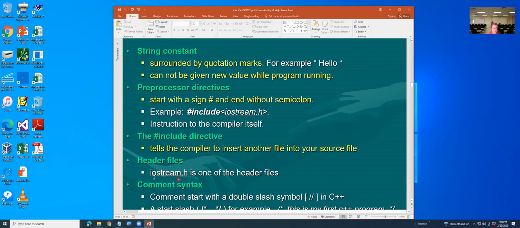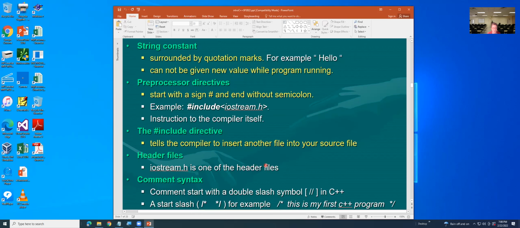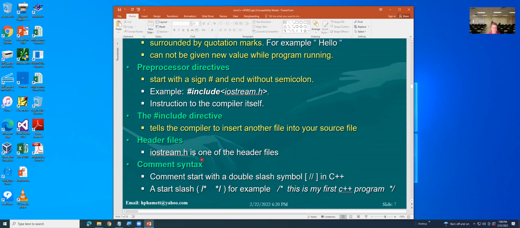The header file iostream.h is one of the header files. Microsoft made a lot of libraries to help you write the program. I can give you an example.